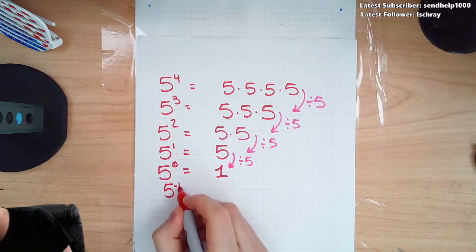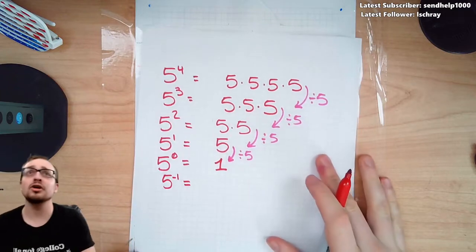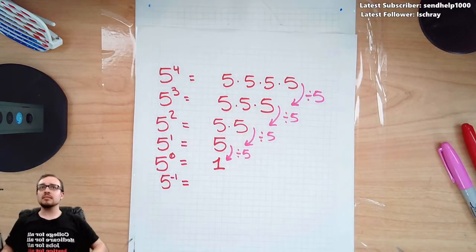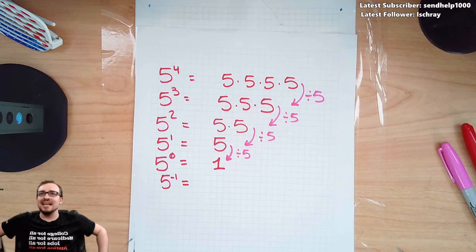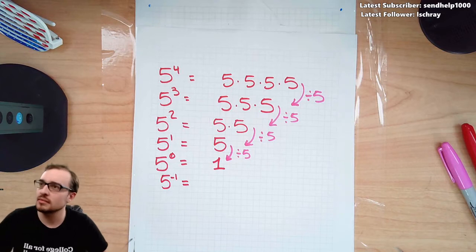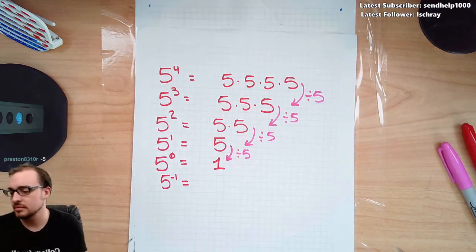What would 5 to the negative 1st be? Negative 5. Good guess.